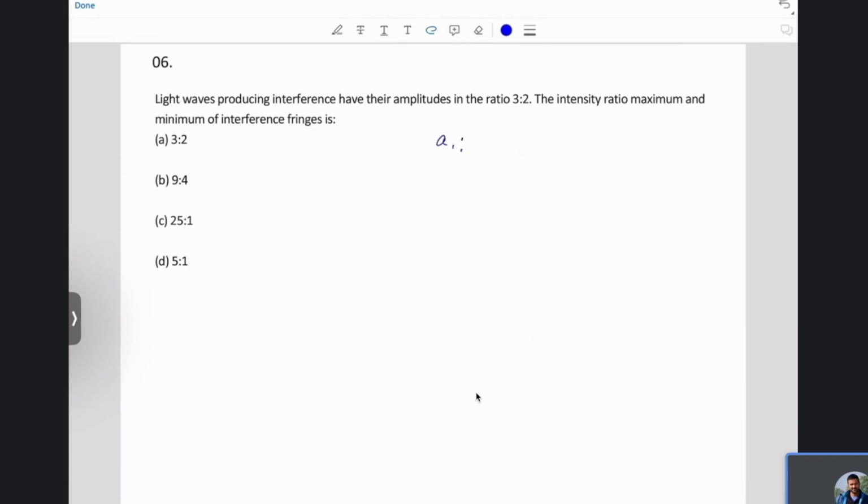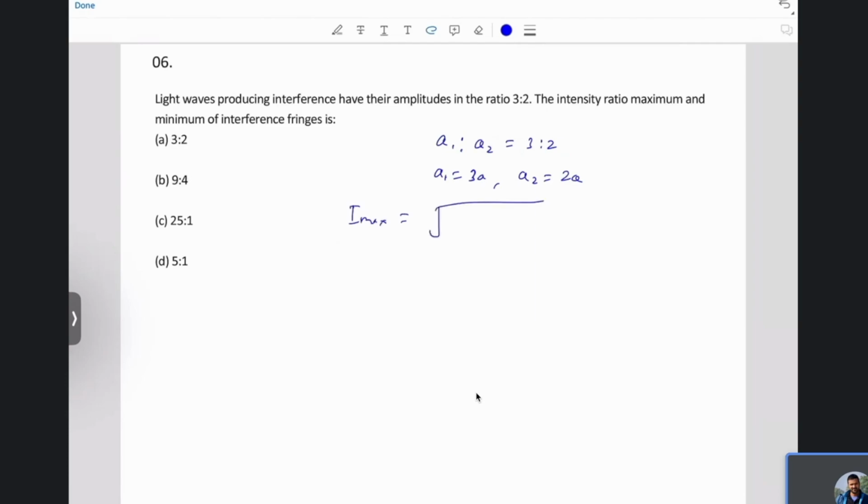So we can write A1 as 3A, A2 as 2A. Then the question is the ratio of maximum and minimum intensity of interference fringes. So first we need to calculate I max.